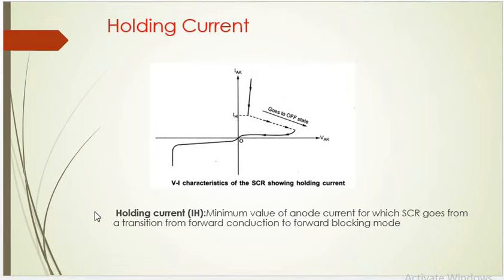So this is called holding current, the minimum value of anode current for which the SCR makes a transition from forward conduction to forward blocking mode, that is, it can be turned off. So once we have to turn off your SCR, we have to bring your anode current below the holding current value. After attaining the holding current value, it will be turned off.